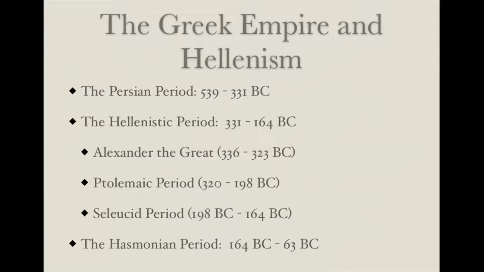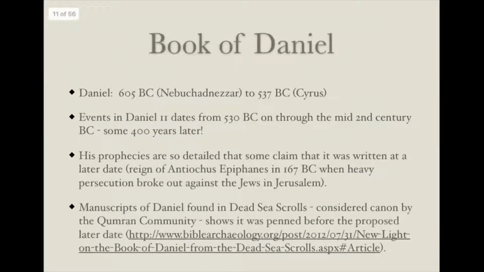But just to give you a little background on the book of Daniel, he was around sometime between 605 BC during Nebuchadnezzar's reign. Nebuchadnezzar was the Babylonian king at that time, who destroyed the temple and took Daniel as one of the captives from Jerusalem. He was around to about 537 BC under the reign of Cyrus, when the Medes and the Persians took over and conquered the Babylonians.